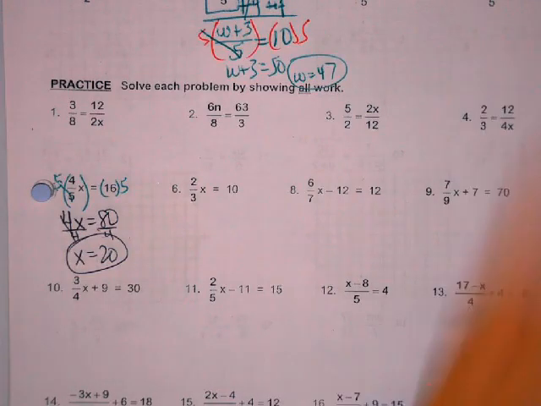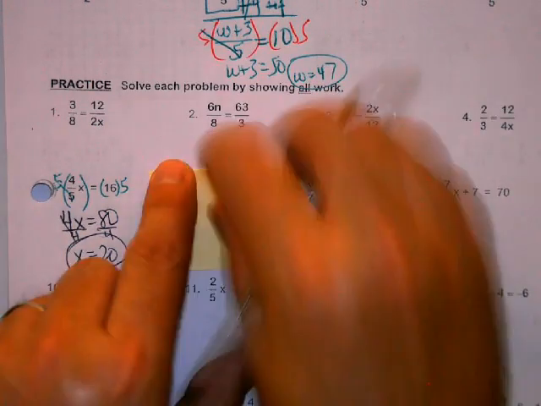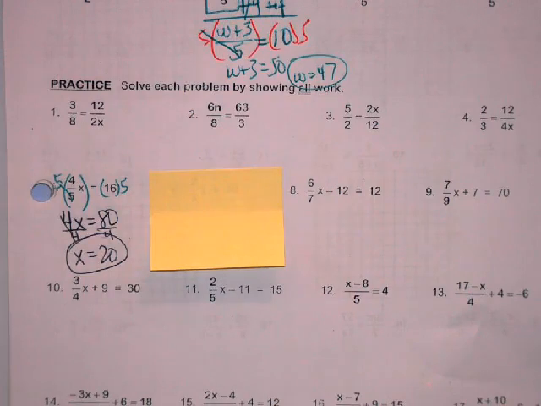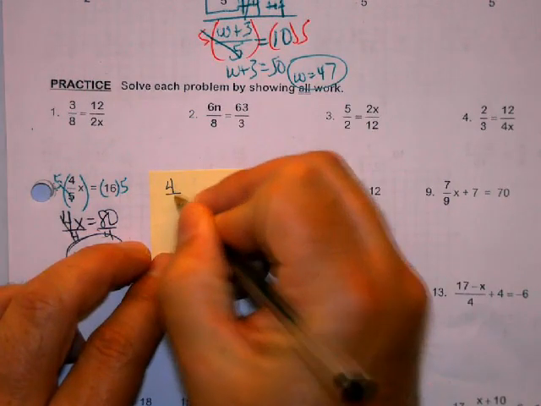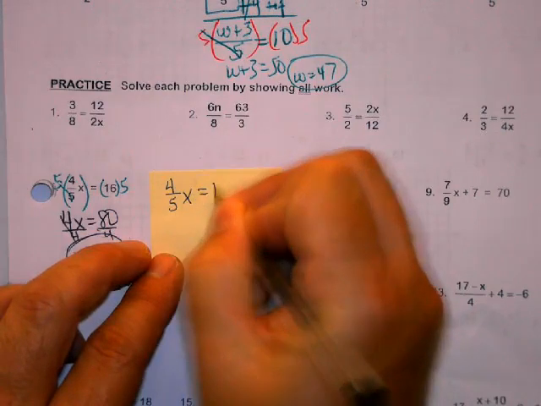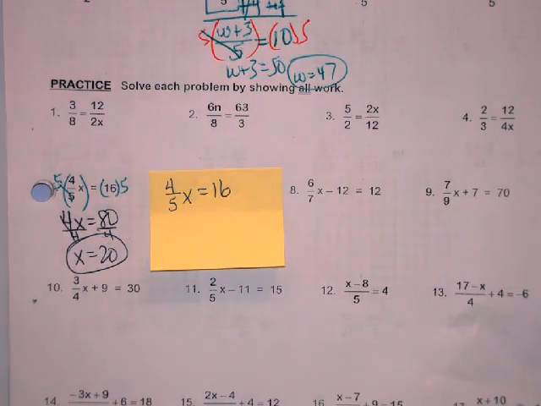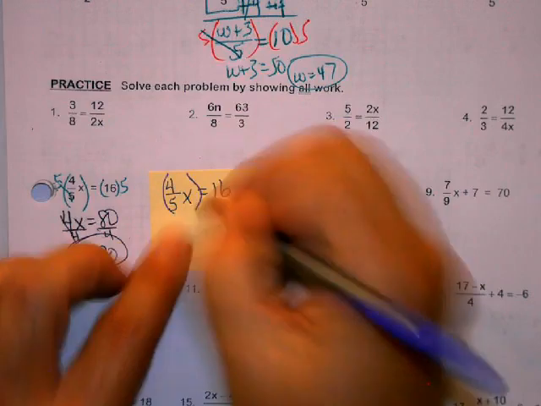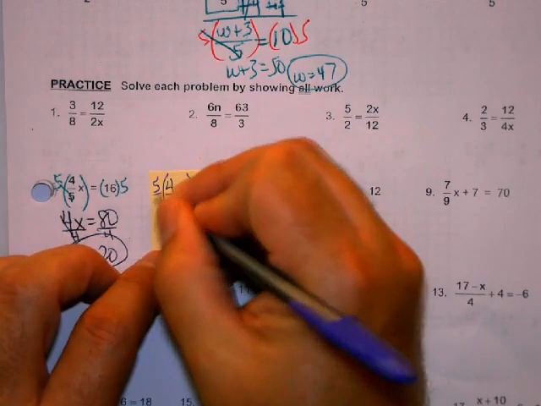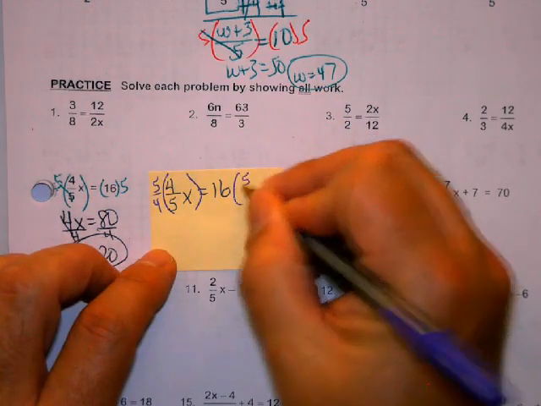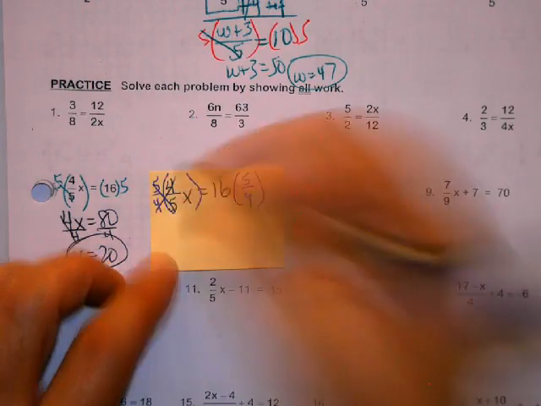Some of you will also learn quickly with me, I am the king of the Post-it note if I want more options. I also had the choice on this one, if I'm comfortable with it, of just taking that fraction that's in front and multiplying both sides by the reciprocal.